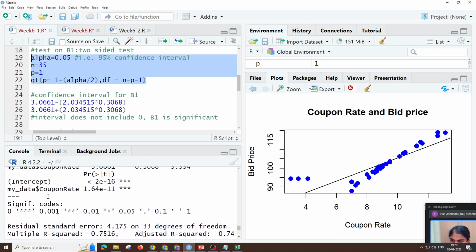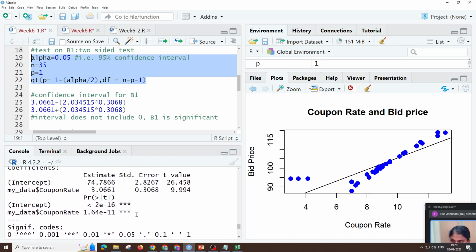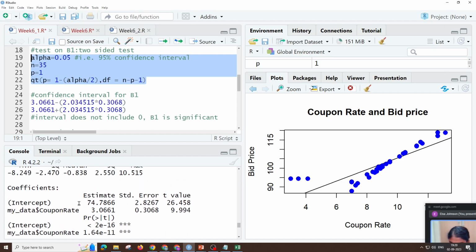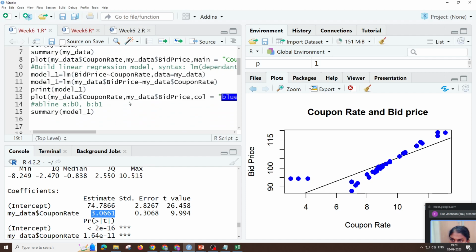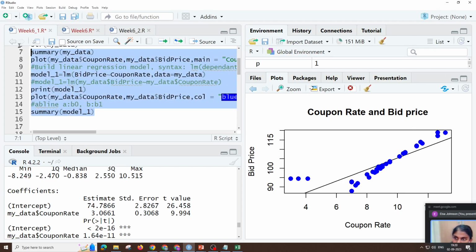So here you can see that for this particular thing, the coefficients, intercept and coupon rate. 3.0661 is, so I think I have given it 2 times. Just wait a moment. These are the two different forms of doing that.